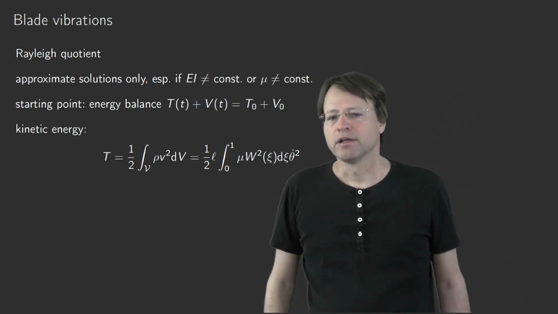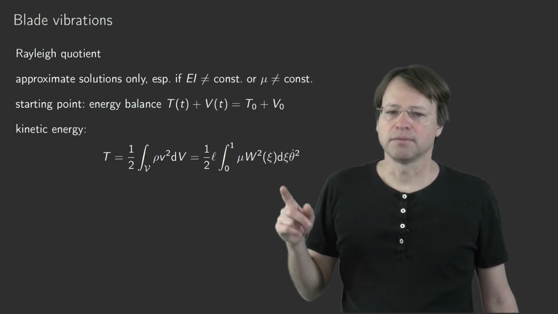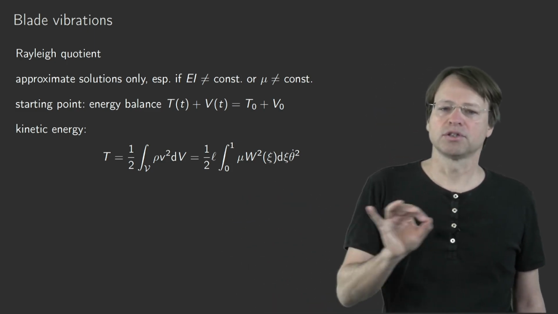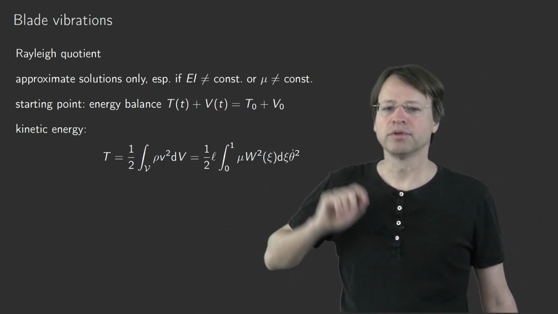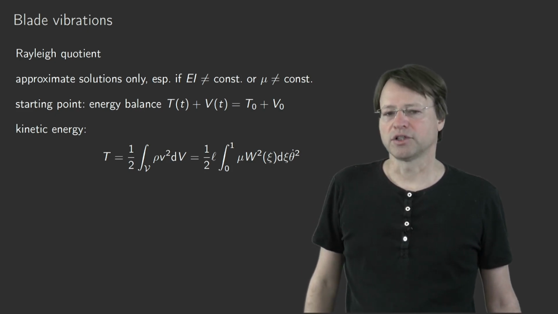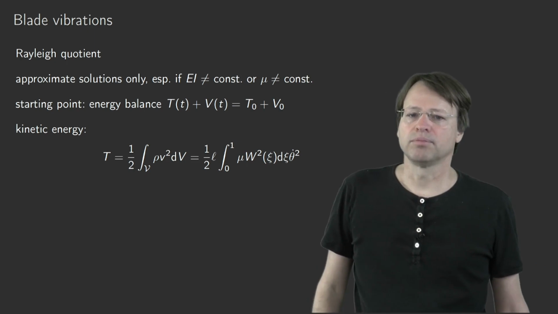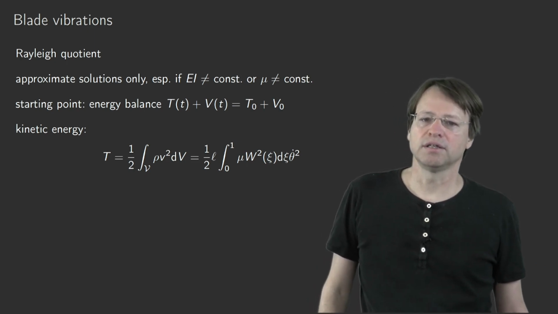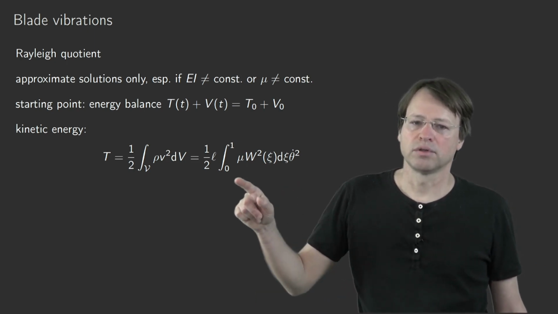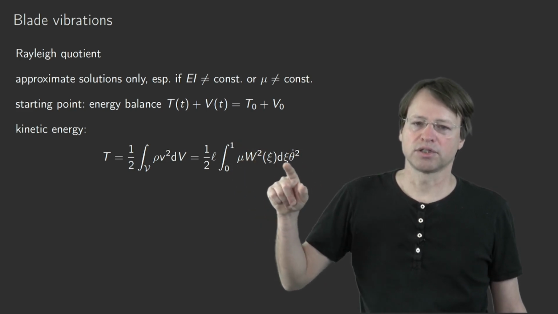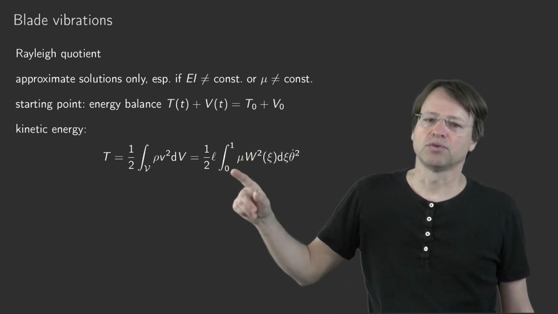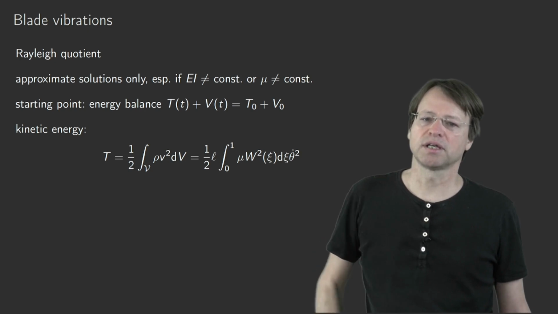Here in our case, of course, it's just a scalar quantity because we consider just one displacement. The first thing is that as we are dealing with rod theory, a one-dimensional theory, we integrate out the other two dimensions. That is, we obtain a single integral over just the direction ξ, ranging from 0 to 1 because we normalized ξ.